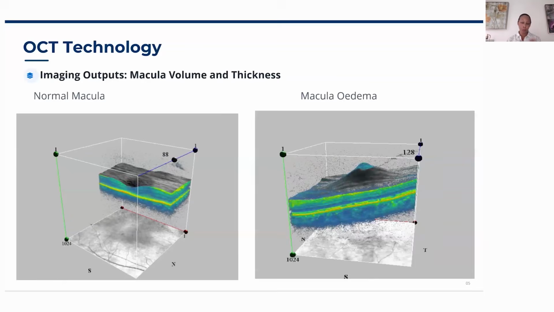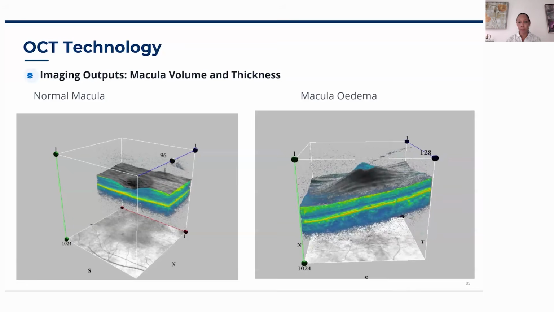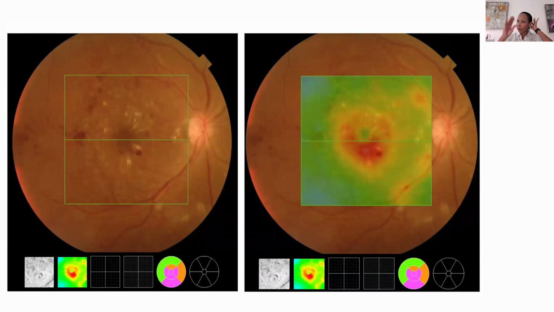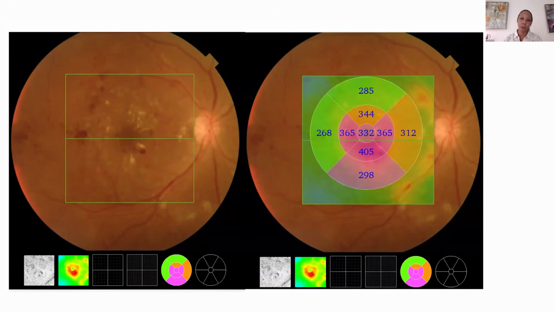So when you have the picture of the fundus here, you can look and see that there are hard exudates there, a few soft exudates also. You have some hemorrhages there, but you can't just by looking at the slit lamp say this person has a lot of retinal thickening. The OCT will actually give you that topographical map of where exactly is thickened, and it will also give you the quantitative amount of thickening that is actually present.